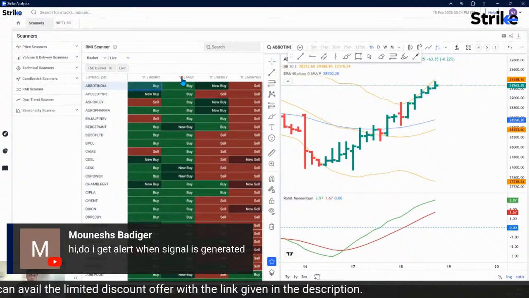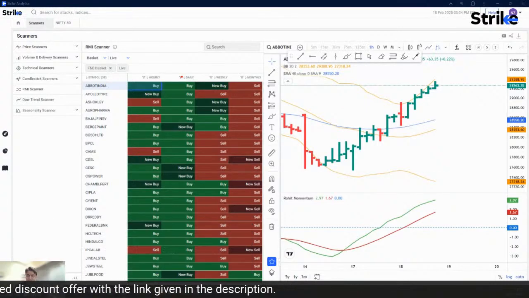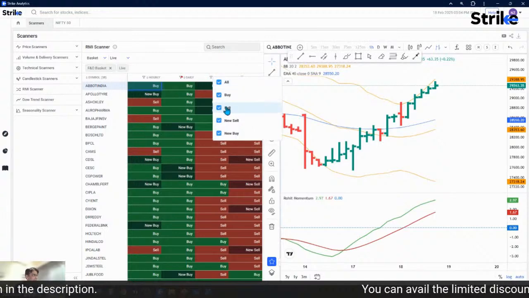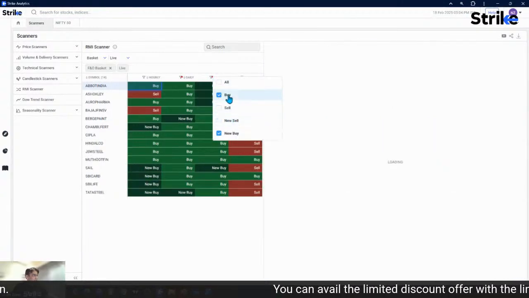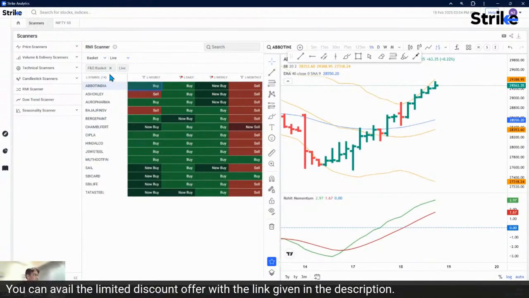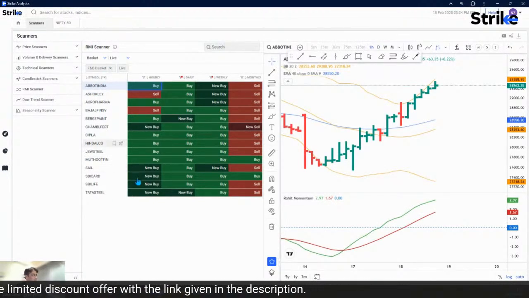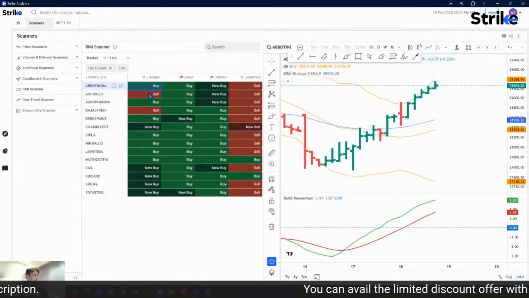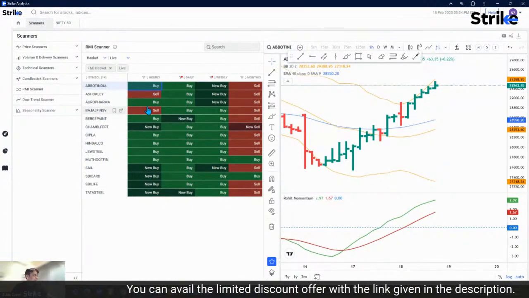So I've put down a filter. And on the weekly chart as well, I want all the stocks which are in buy and new buy mode. Out of around 200, 250 stocks in the F&O basket, we got a list of 14 stocks, where on the hourly, daily and weekly, they are in buy mode, except for two, Ashok Leyland and Bajaj.